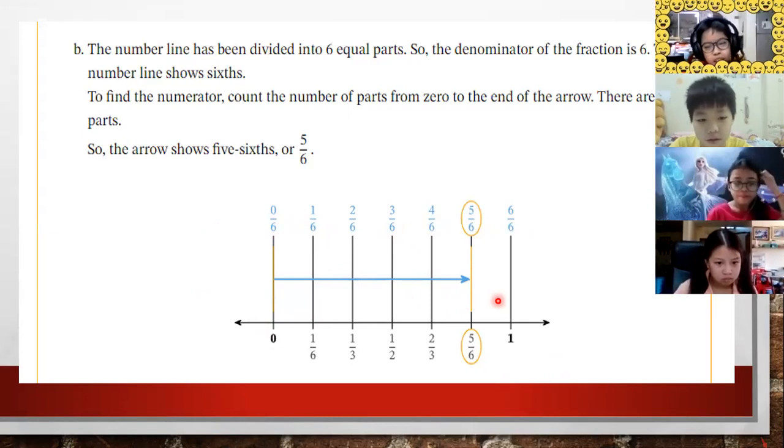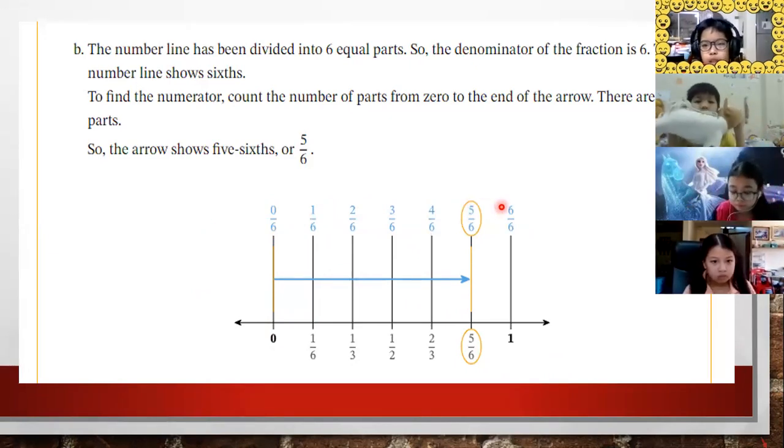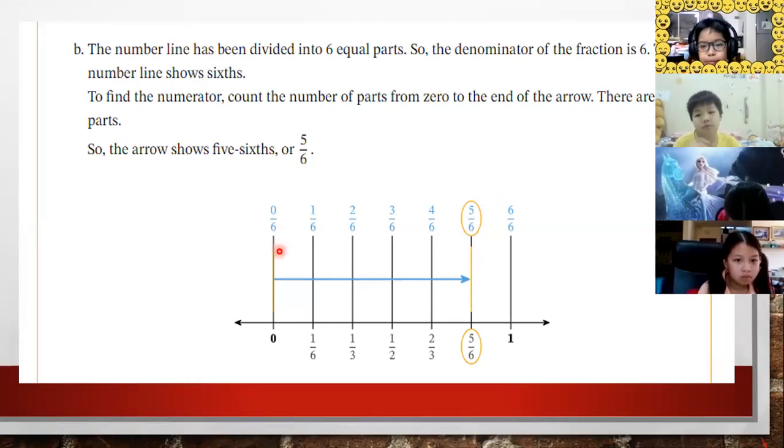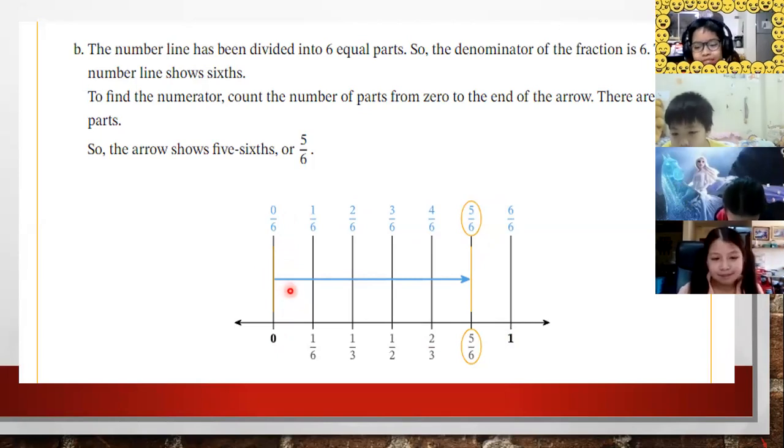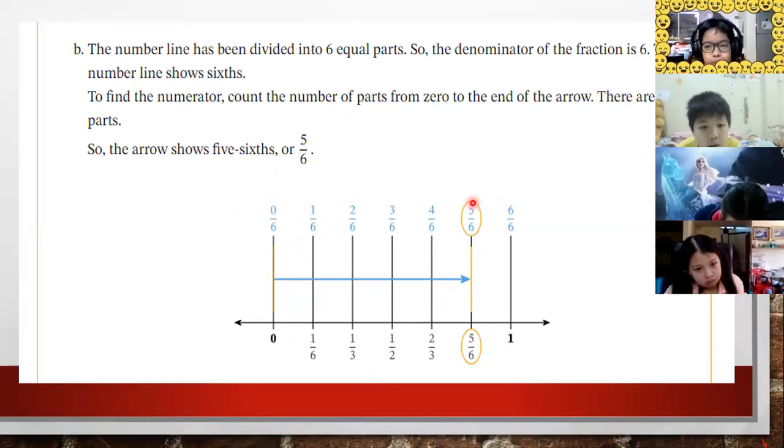Okay, so to find the numerator, again, you count the parts from 0 to the end of the arrow. So there are how many parts? 5. So the arrow shows 5/6. Okay. Understand? You see? From 0 to 1, you are going to divide into 6. So the denominator is 6. And then you count from the start 0 until the end.